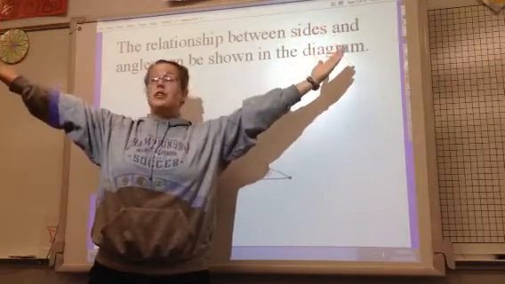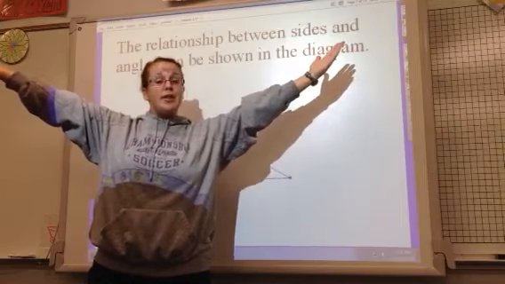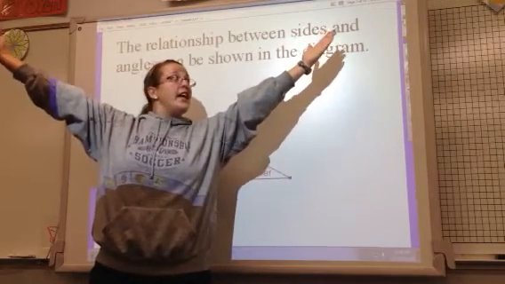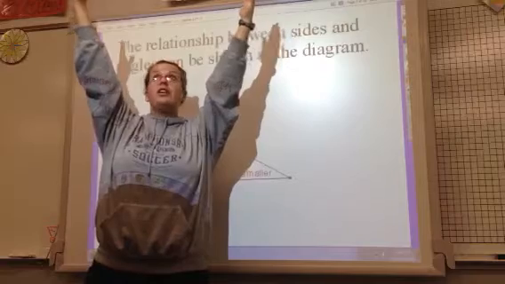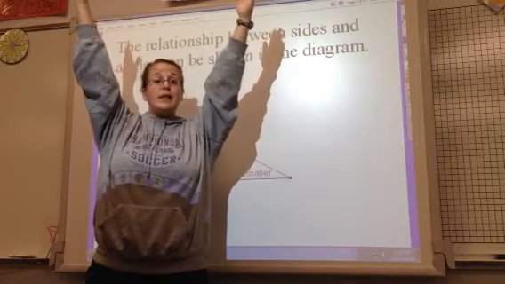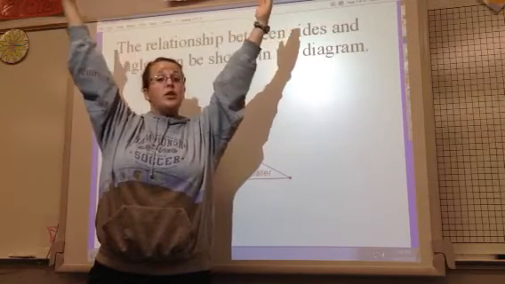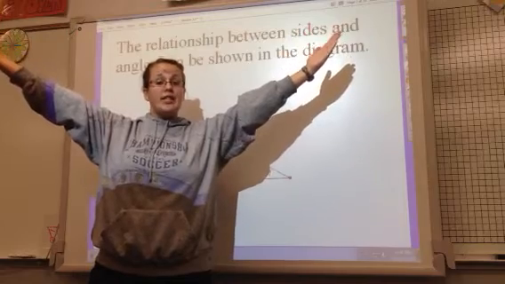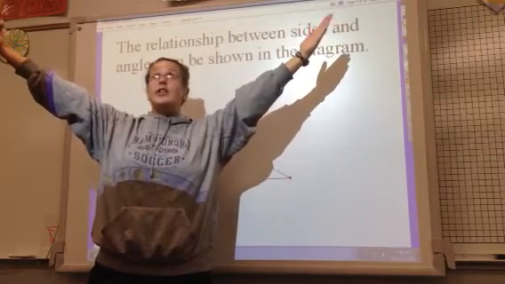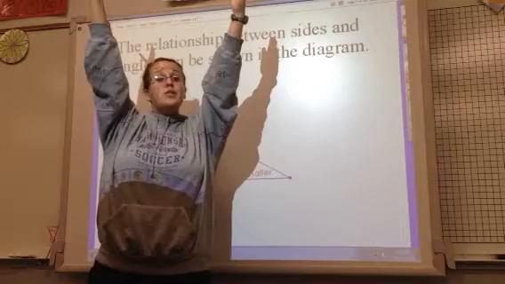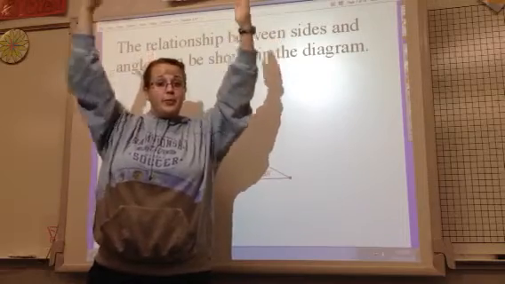If I start to make the angle smaller, the space between my fingers gets smaller as well. So the larger the angle, the larger the side that it opens up to. The smaller the angle, the smaller the side that it opens up to.